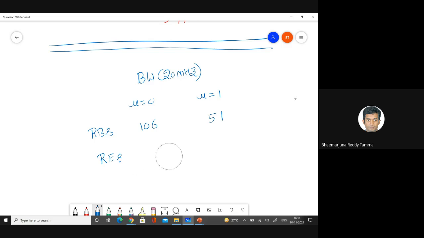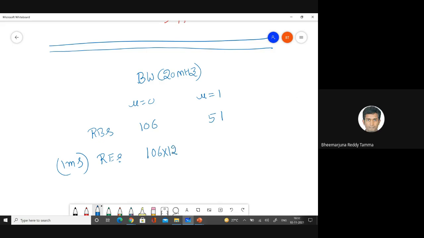Okay, let me write this on the left hand side. We are calculating the resource elements. So how many will we get here for numerology 0? It is 106 into how many? Into 12.